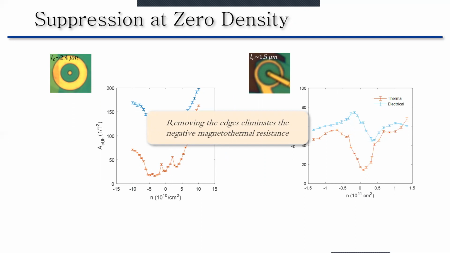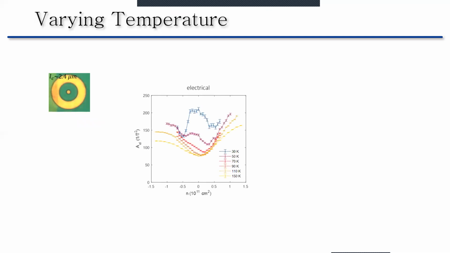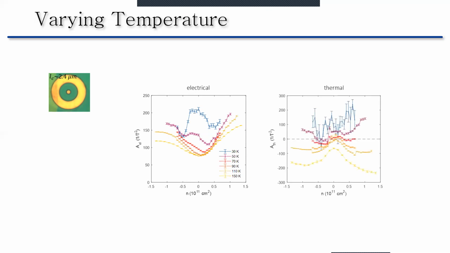So we say, great, we can try to learn something from these Corbino devices. So let's vary the temperature now. So here's the electrical curvature in this device as a function of temperature, where you can see that curvature is increasing as the temperature goes down, right? That's reasonably consistent with a crude style of thinking. But here's the thermal curvature.